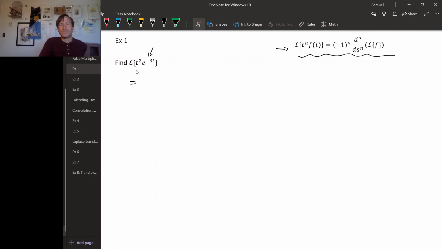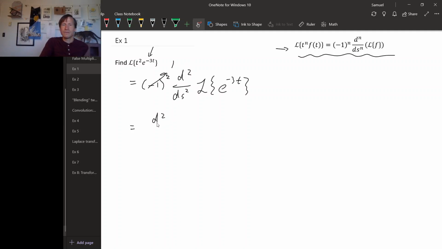So multiplication by t squared on the inside of a Laplace transform should give us minus 1 squared times the second derivative with respect to s of the Laplace transform of e to the minus 3t. So minus 1 squared is 1, so this part just goes away. So second derivative with respect to s.